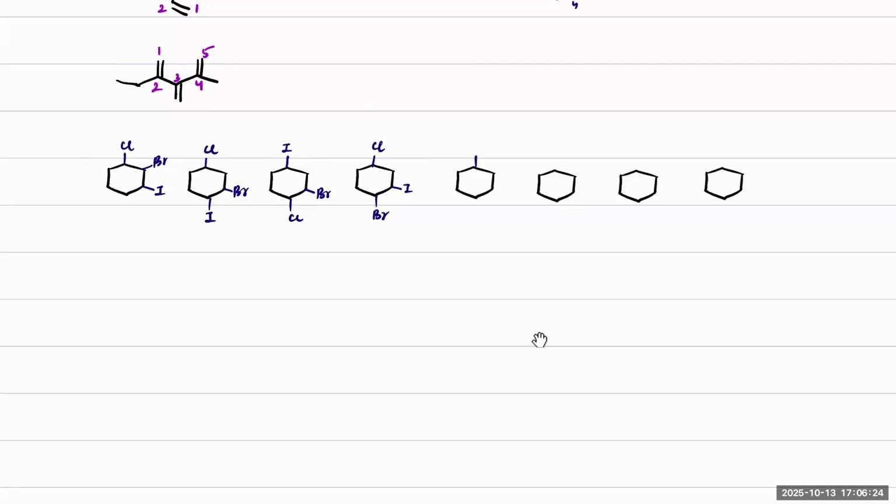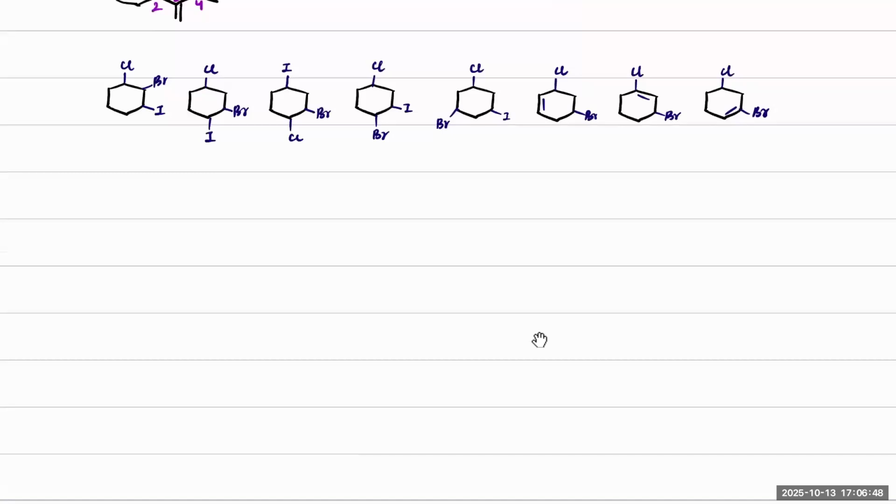Suppose in this case we have chlorine, bromine, iodine. Next, this time I have chlorine with a double bond and bromine here. Got it? Like this I have. Okay.